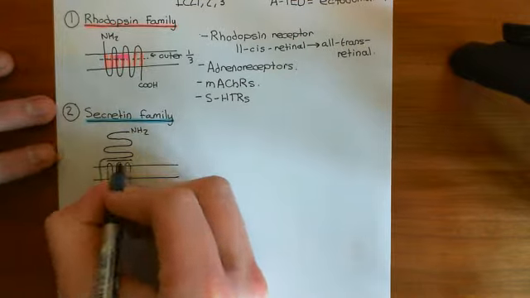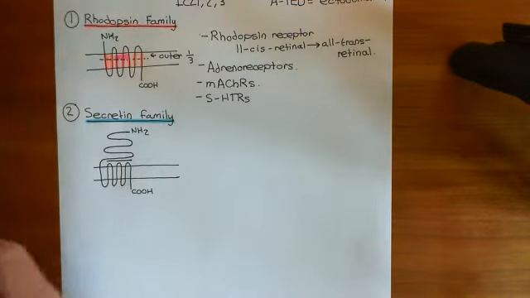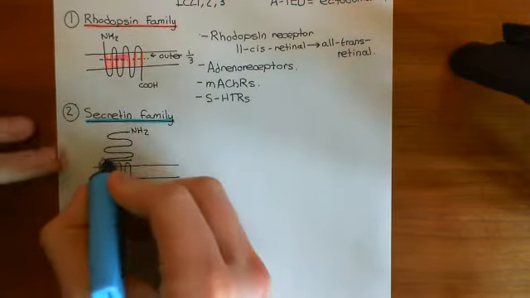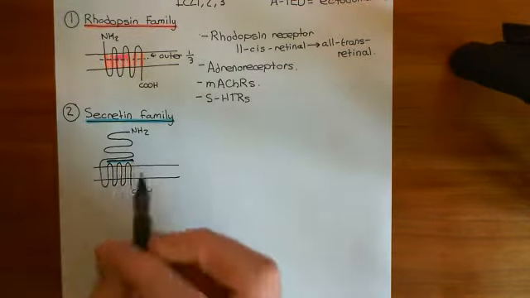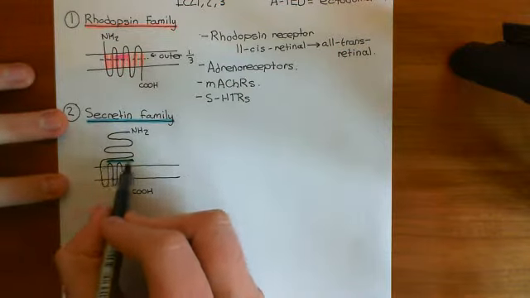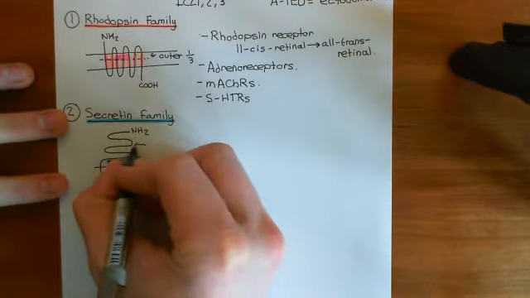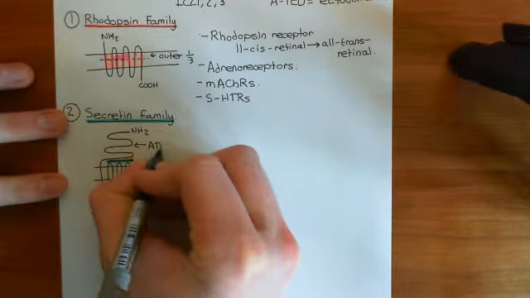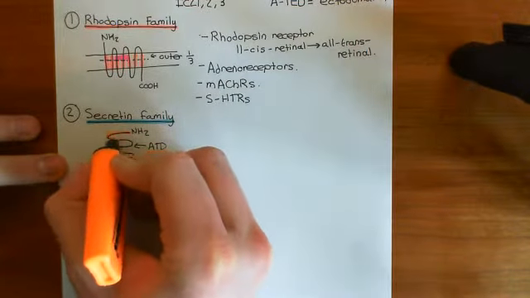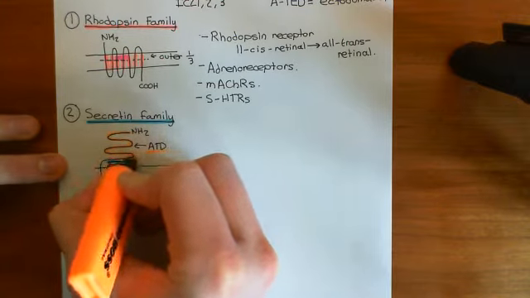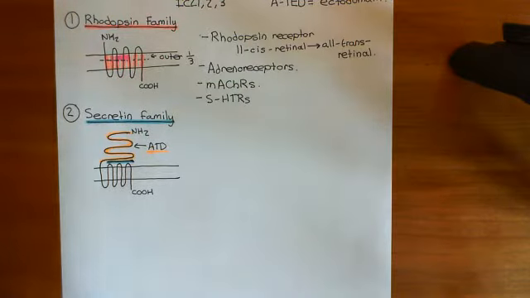And more importantly, the actual characteristic feature of these secretin family G protein coupled receptors is where they bind their ligand. Basically, they bind their ligand in a little slot between the amino terminal domain, which I'll colour in orange here, and the transmembrane domain, which is underneath.